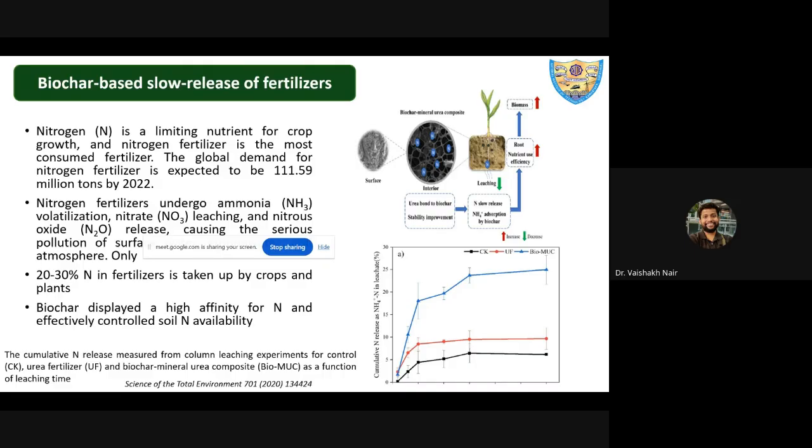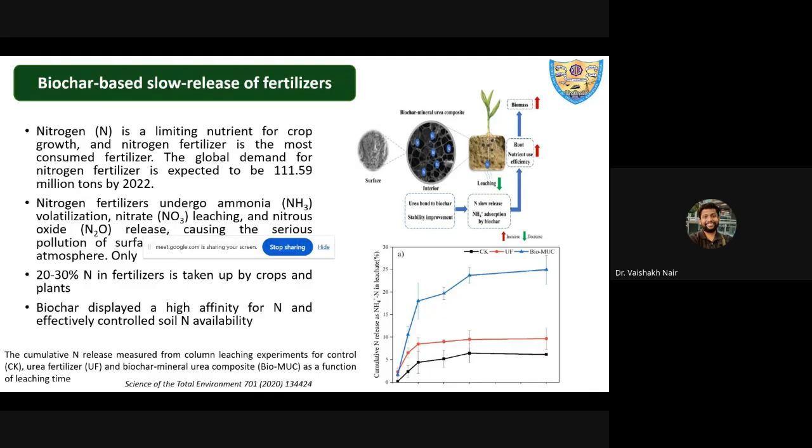That is one of the things, whereas it is much more retained with biochar. So nitrogen will be available for a longer period of time in soil. This is one of the advantages of using biochar, because biochar is currently being considered a slow release fertilizer. Biochar can absorb nitrogen, phosphorus, potassium on its surface.